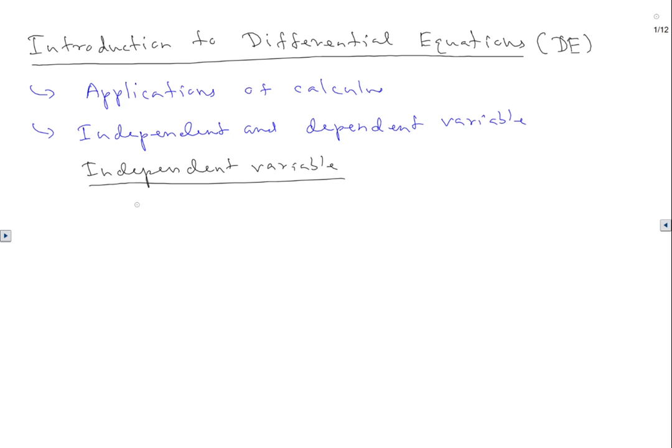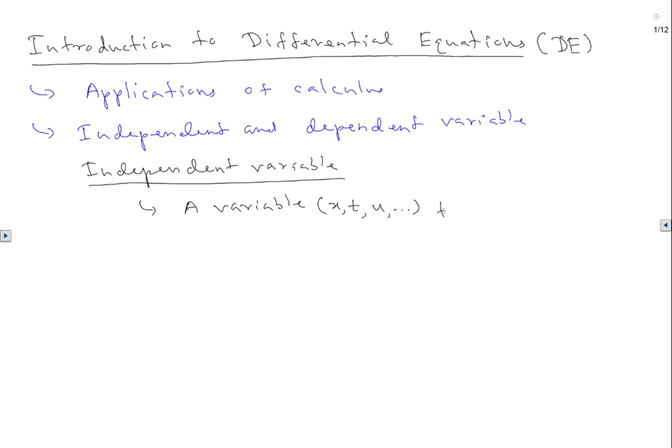Sometimes we just write x, t, u, things like that. These are what we normally use for an independent variable. There's no rule, but these are the common ones, like distance, time, those kinds of things.